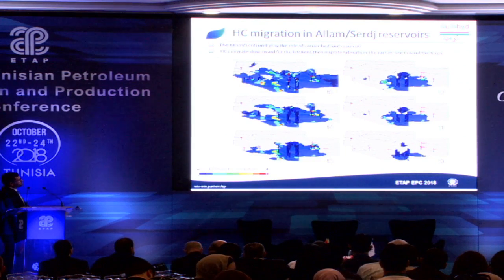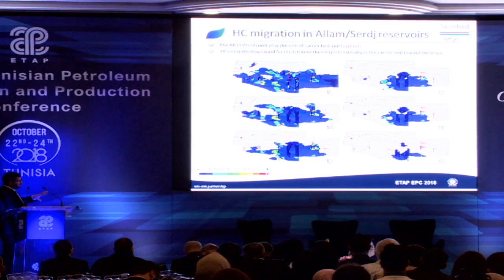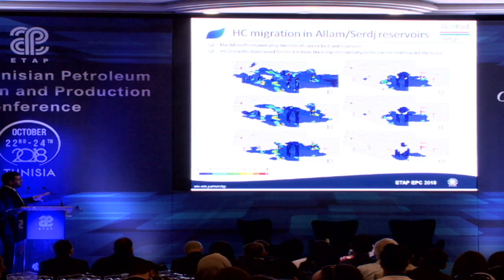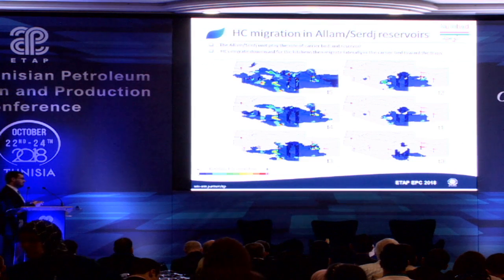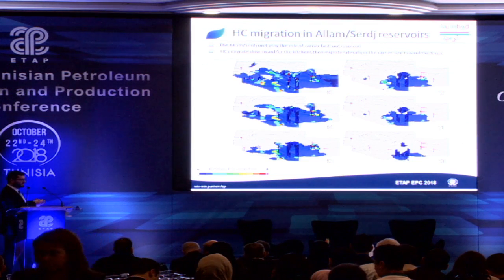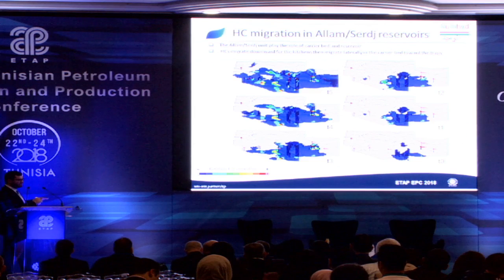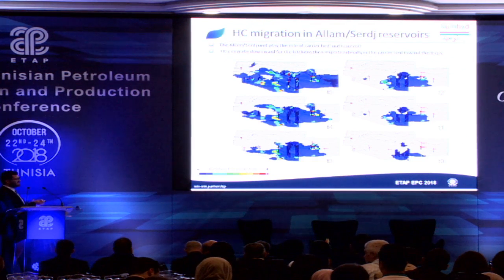A last image, I think this image is interesting to observe the role of the Alarm Surge system in the migration of the fluids, because the Alarm Surge reservoirs are reservoirs, but they also play a role of carrier bed, because the Alarm Surge reservoir is globally tight.